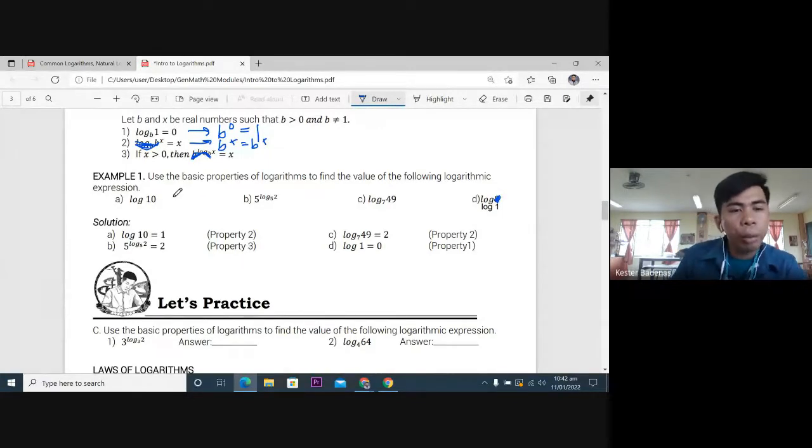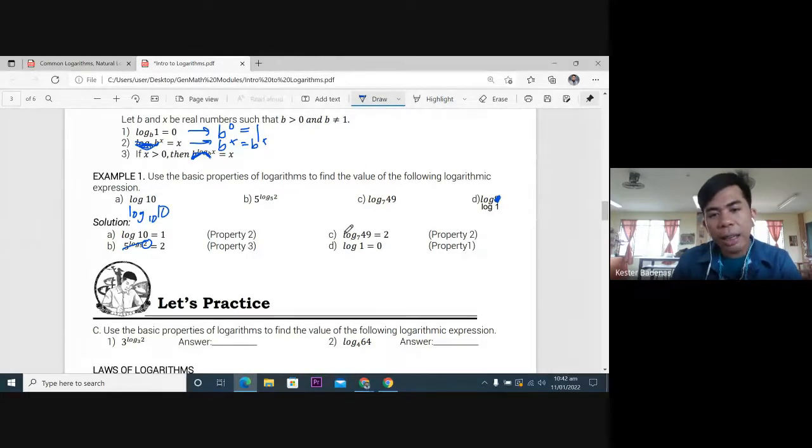So, if we have logarithm of 10, the answer is 1. Bakit? Kasi diba, logarithm of 10 with the base 10, 1 ang answer. Sa B naman, cancel niyo lang, 5 raised to logarithm of 2 with the base 5. Pareho yung base, naiwan yung 2, so 2 yung answer.